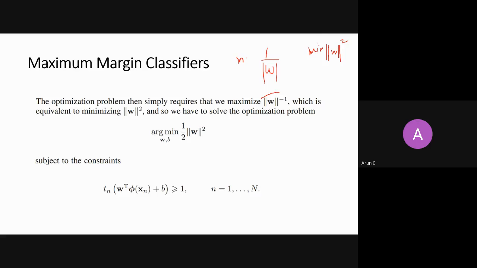Yeah, very good. So now it is in a quadratic form. If it is in a quadratic form, it is a convex problem given these constraints. So everything falls in place now. I can solve it using some quadratic optimizer, and hence I will get the solutions for this, right?